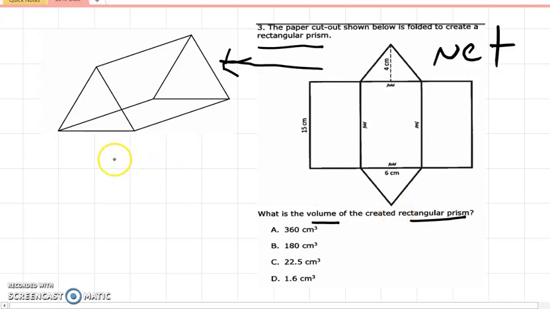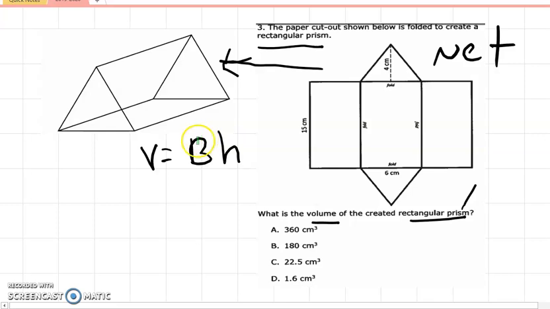It's a prism, so we know that the equation is volume equals capital B times H. Capital B is the area of the base, and H is the height of the prism. We're not going to divide by 3 again because it's a prism. What's the key characteristic of a prism? It has 2 congruent bases.